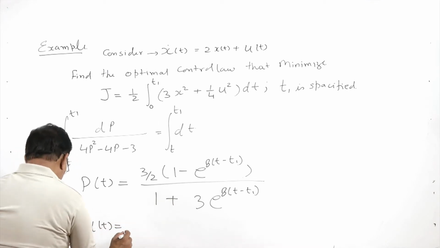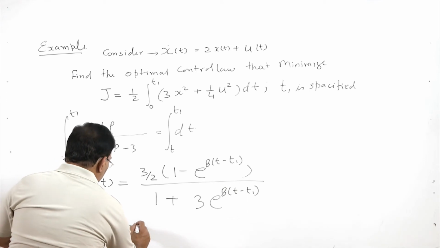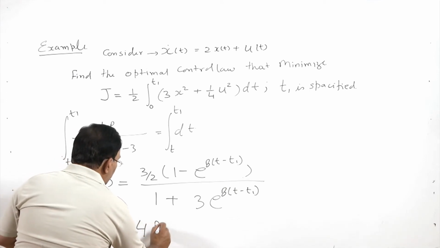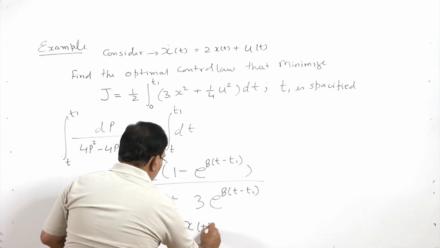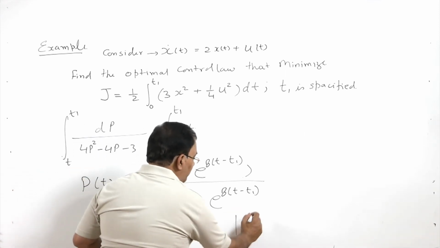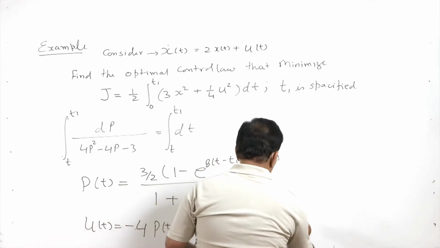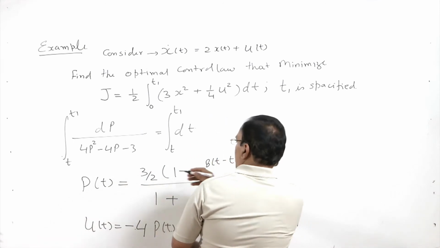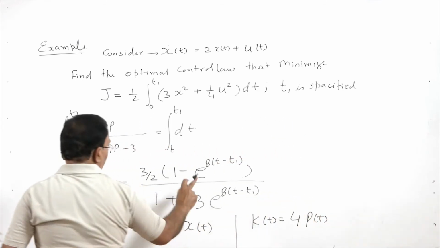u(t) is nothing but minus R inverse B prime P, which is coming out to be 4 P(t) x(t). So, this means my K(t) is nothing but 4 P(t), and this P(t) we have already determined here.